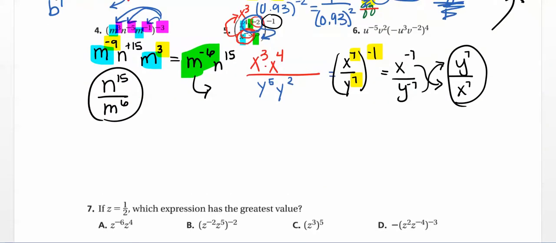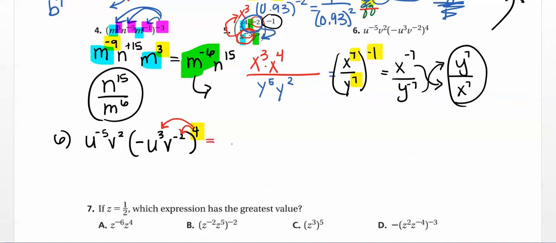I'm going to do number 6 down here. So we have u to the -5th v squared times a negative u cubed v to the -2 being taken to the 4th power. First thing I have to deal with is this 4. He needs to multiply by the 3 and the -2.